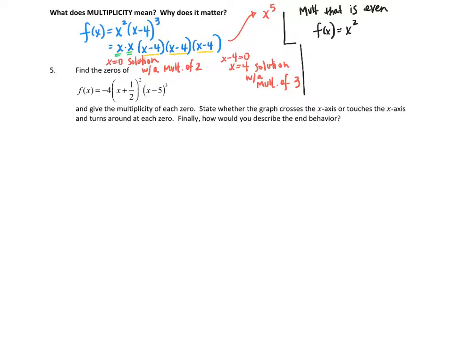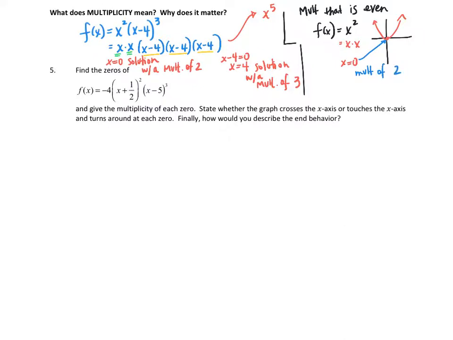You know what f of x equals x squared looks like. It's a parabola. Here's your parent function. And remember, if you broke this apart, x times x equals 0. That's your solution. But it has a multiplicity of 2.